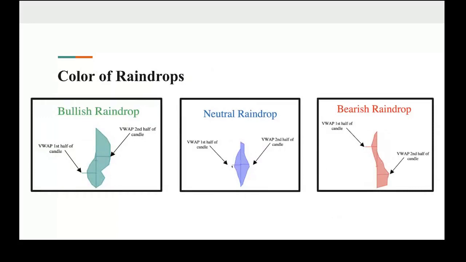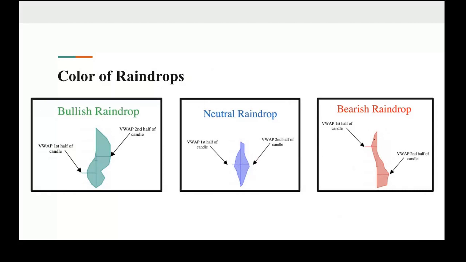And if the VWAPs for the first half of the period and the second half of the period are exactly equal, that is what we call neutral, or a blue Raindrop, or a true doji. And we call it a true doji because it's really taking into account the volume rather than just the open and the close being the same. The volume on each side is literally equal. The equilibrium for the entire period is literally the VWAP for the entire period.